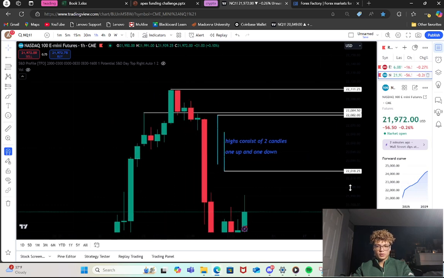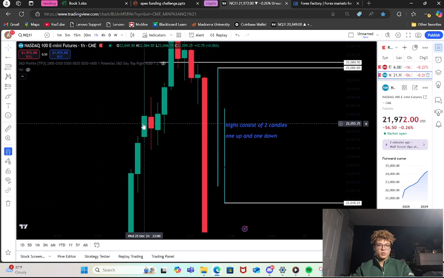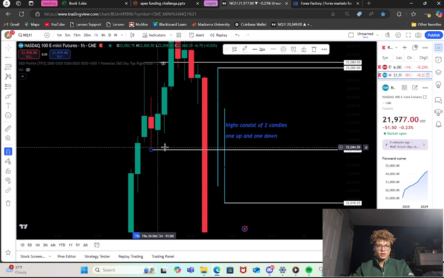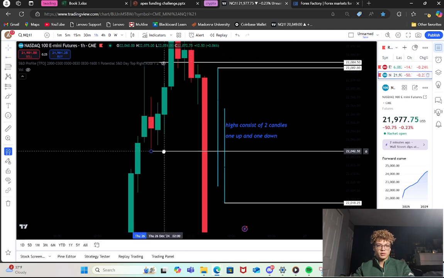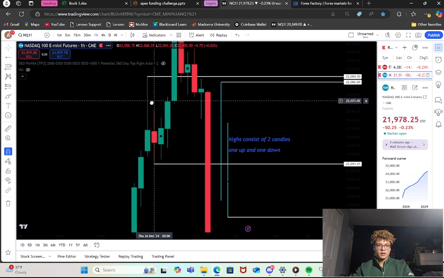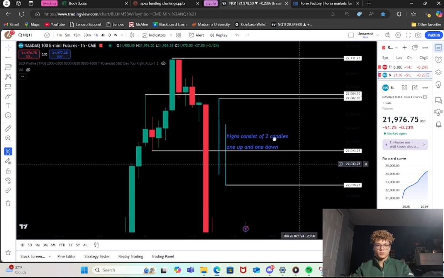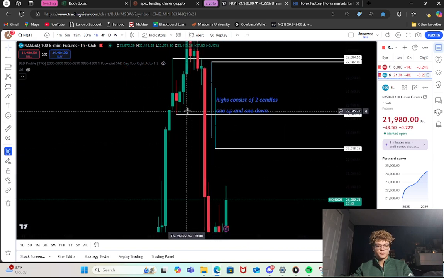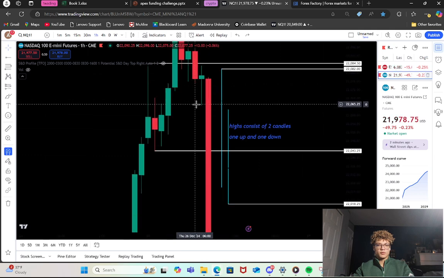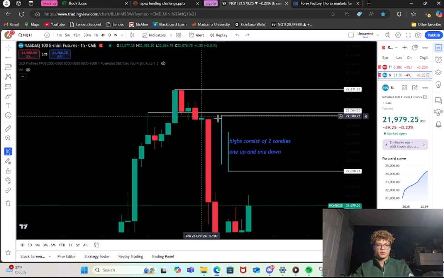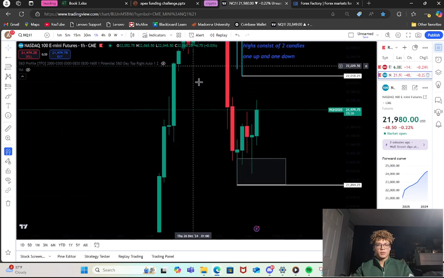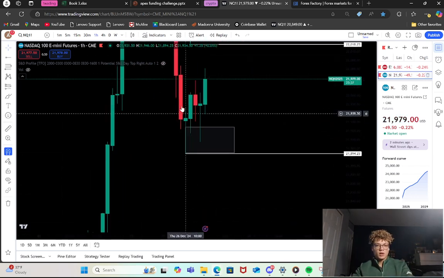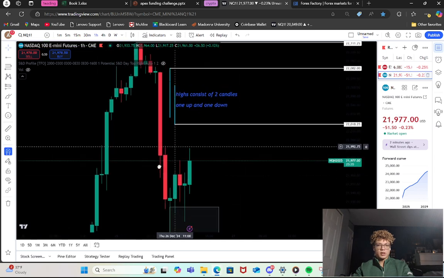Actually, I'll even zoom in for you guys. So we have bang, bang right here. The low between these two is the bottom of the red candle, and the high is the green candle. That's super basic. I probably should have done that in the first video, the first video being candlesticks and then this, but whatever. We'll see that quite often.